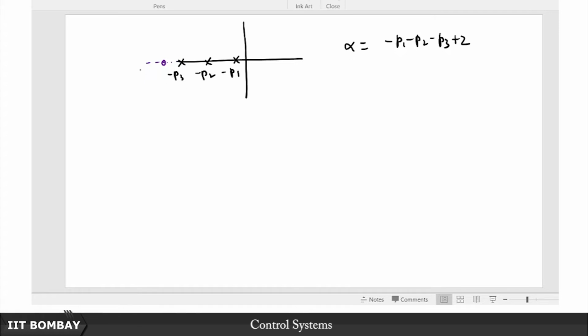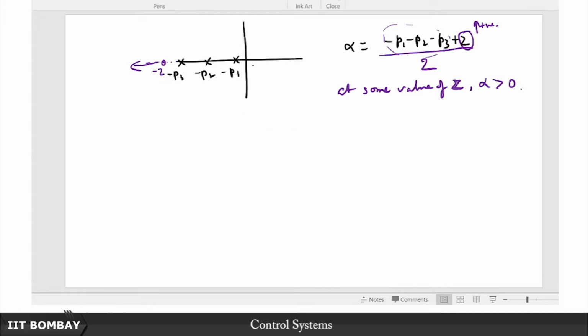If you keep shifting this further and further to the left, this becomes more and more positive, but this remains constant. So at some value of z, alpha is greater than 0.